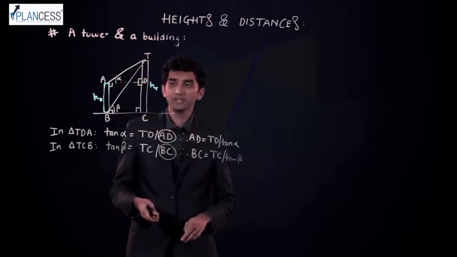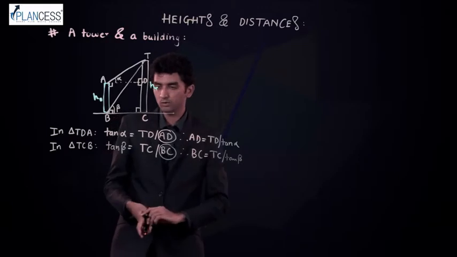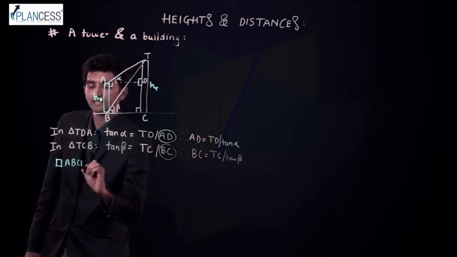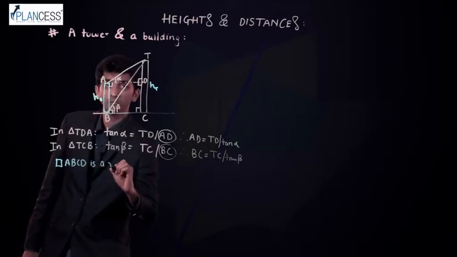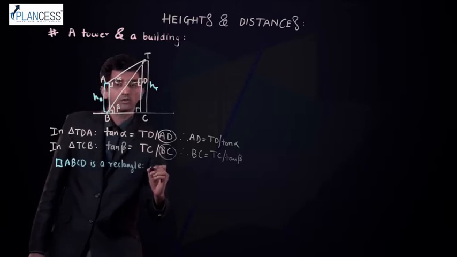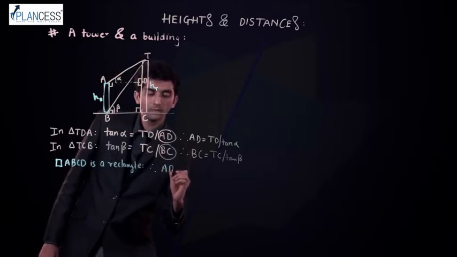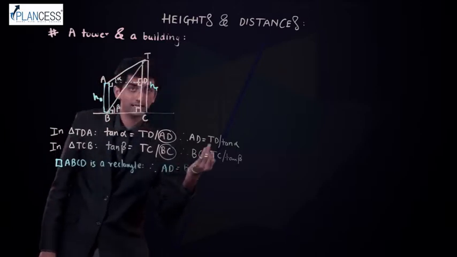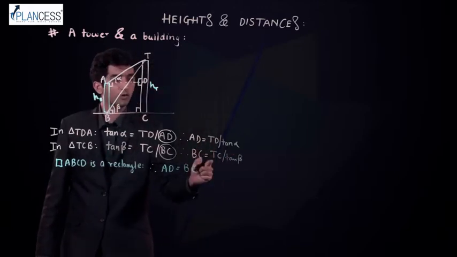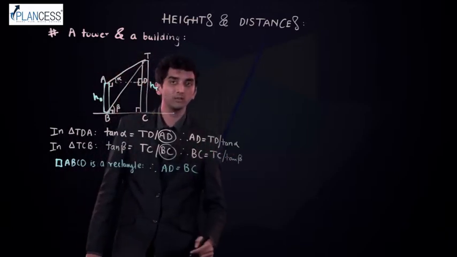Now since we just said AD and BC are equal, so we will write quadrilateral ABCD is a rectangle. Reason, we just wrote that three of the angles are 90 degrees. So therefore AD is equal to BC. Opposite sides of a rectangle are equal. So both these are equal, meaning TD over tan alpha is equal to TC over tan beta.